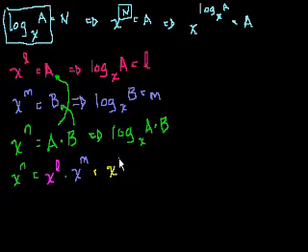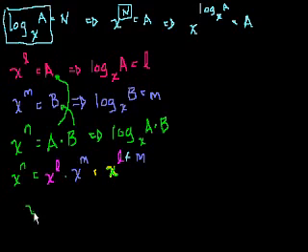That equals x to the L plus m. It's kind of onerous to keep switching colors, but you get what I'm saying. So x to the n is equal to x to the L plus m.